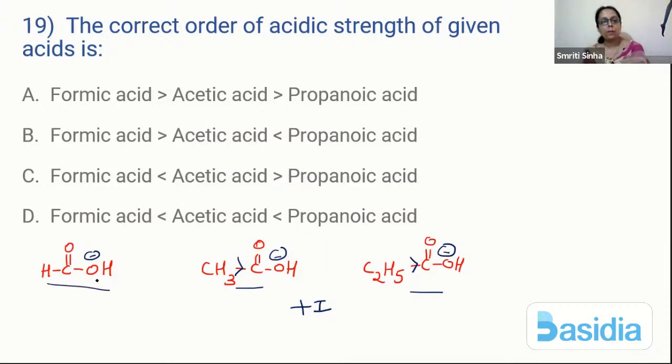But in formic acid, no such problem is there, and therefore it is the strongest acid out of all because the conjugate base is well stabilized. Then acetic acid, why? Because here only one alkyl group is there, not much effect of the plus I. And then the last one, because the more the alkyl groups, the more the effect of plus I, the more unstable the conjugate base, and the weaker the acid. So your correct sequence is option A.